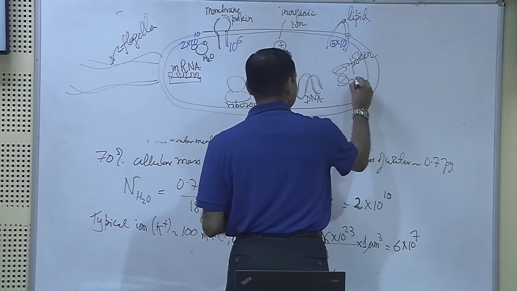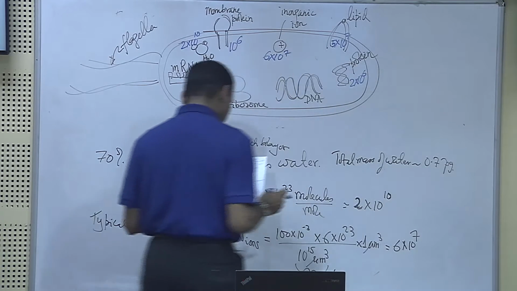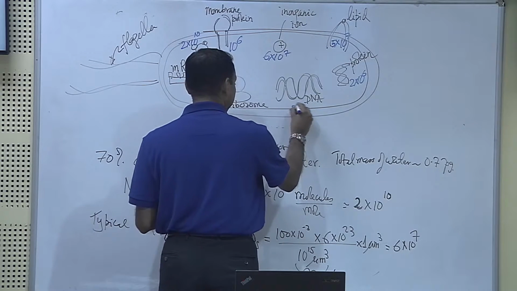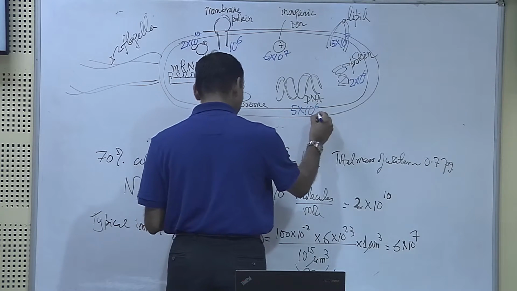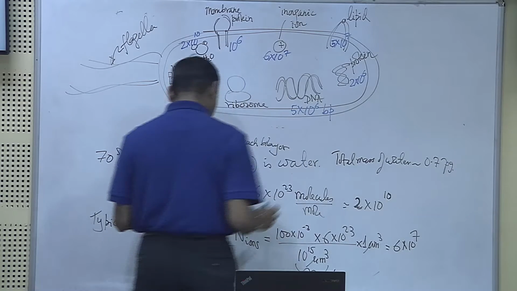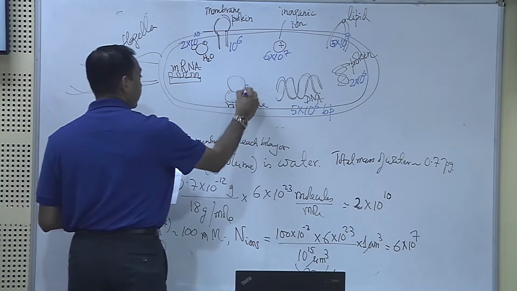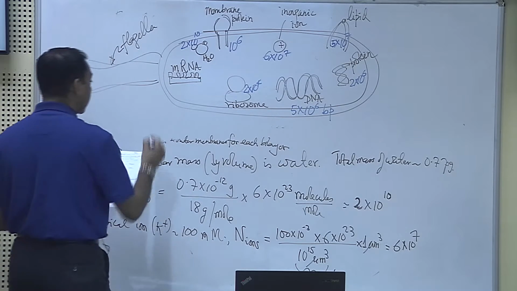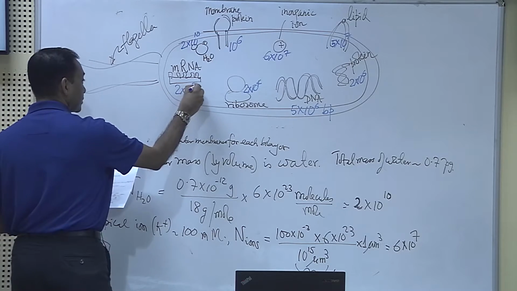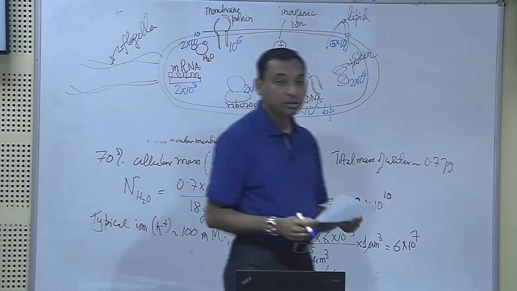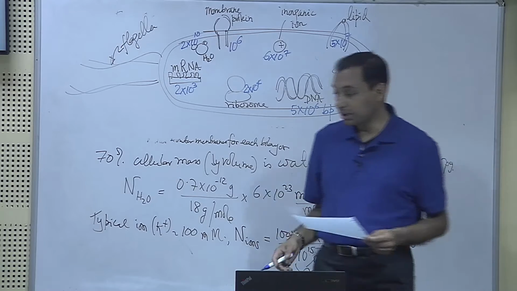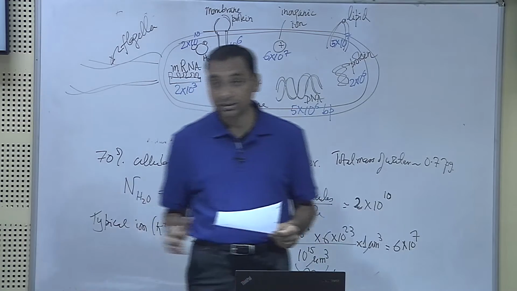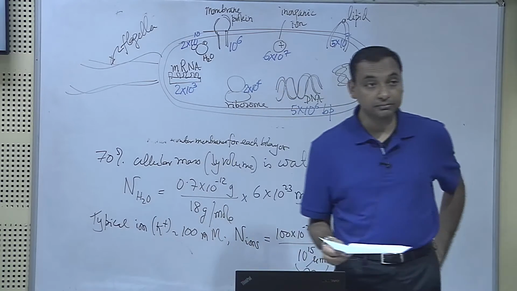Cytoplasmic protein is 2 times 10 to the power of 6. DNA will have 5 times 10 to the power of 6 base pairs. Ribosomes we did not calculate, but you can do a similar calculation, and messenger RNAs as well. So for the complete E. coli constituents, one can do these kinds of calculations to see how the entire E. coli cell will look like.